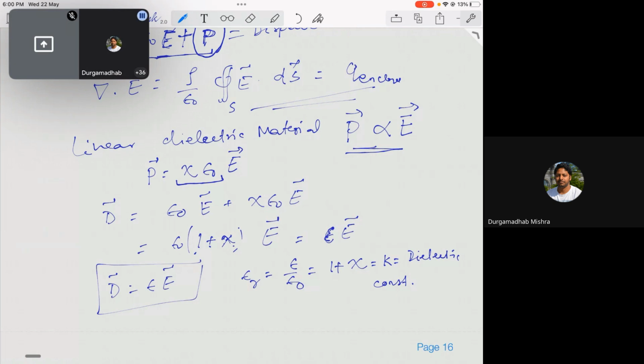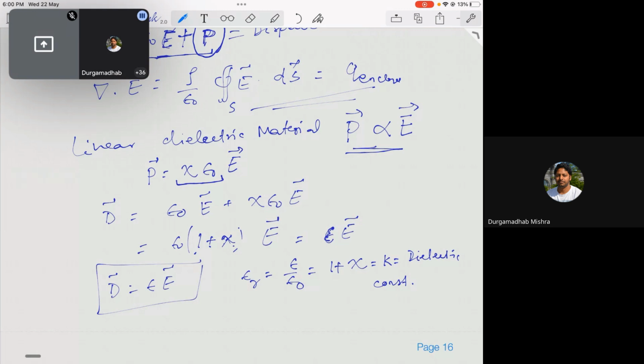So susceptibility you can think of as any response that you get due to an external stimulus. I am applying some external electric field, or it can be a magnetic field. So how does the medium respond to that external field? Whatever stimulus I am giving, how it responds is basically the susceptibility.